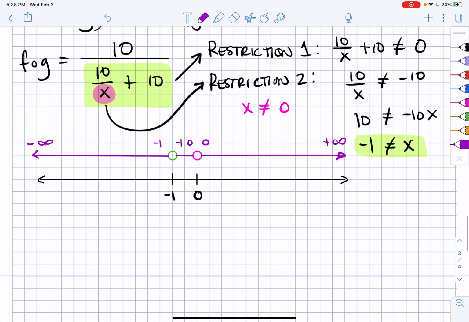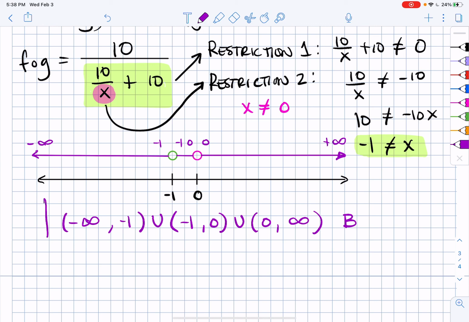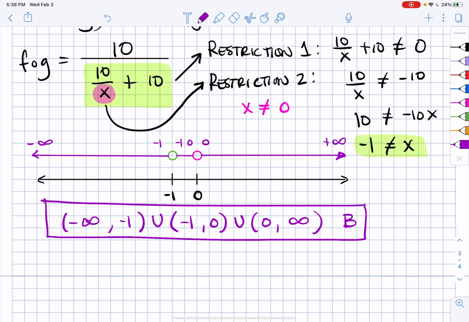So I would write this as negative infinity to negative 1, without touching negative 1, then from negative 1 to 0 without touching negative 1 nor 0, and then from 0 to infinity without touching that 0, and then union the three. That, however, is my choice B. So that would be my answer.